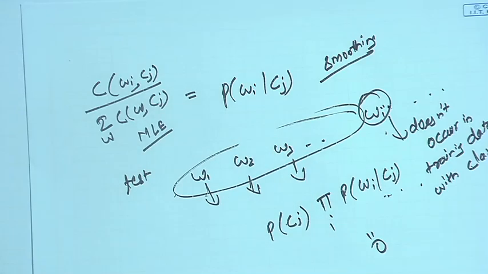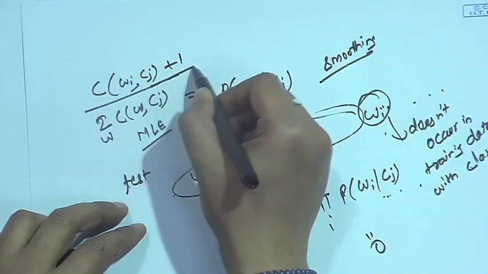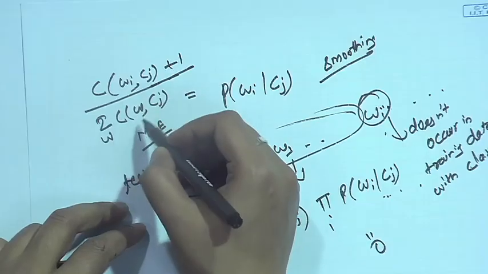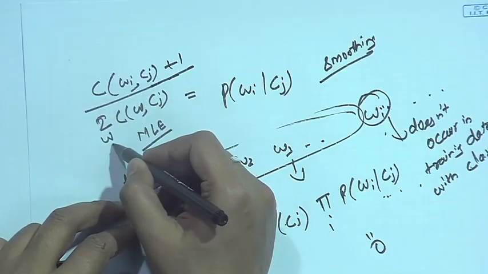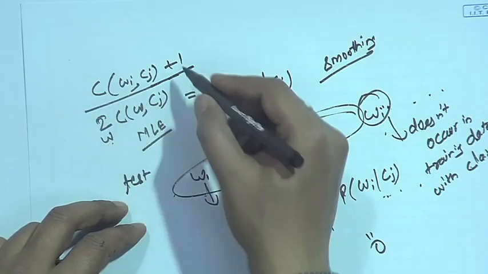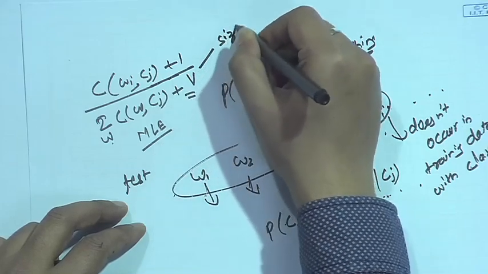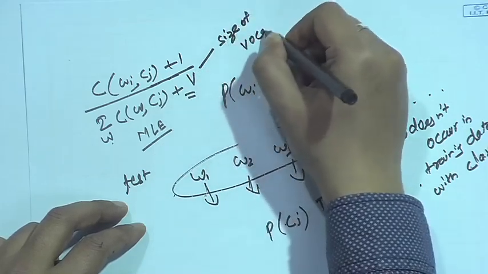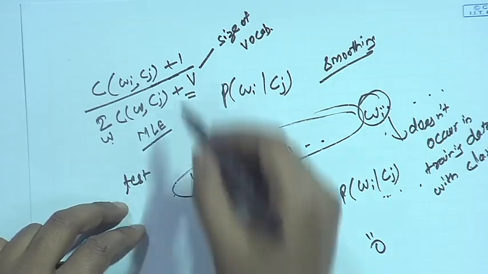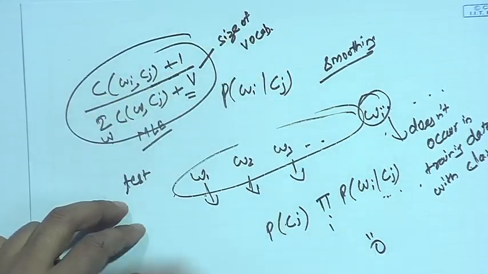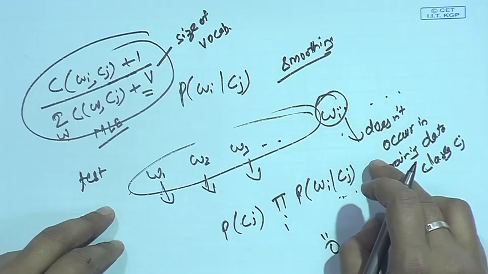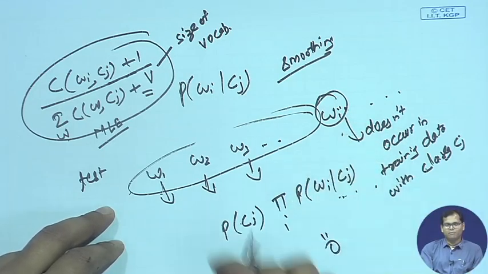Now suppose I use the simplest smoothing, add-1 smoothing. I will write plus 1 in the numerator, and in the denominator I add 1 for all the words, so it will be plus V, where V is the size of the vocabulary. Once I do that, the probability will have some small value like 1 by V, and the whole thing will not go to 0.